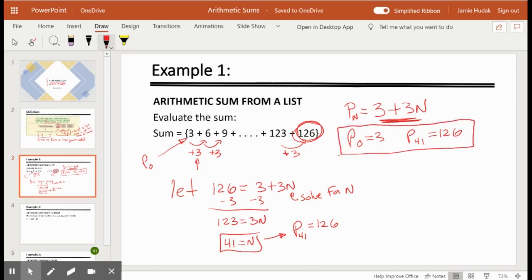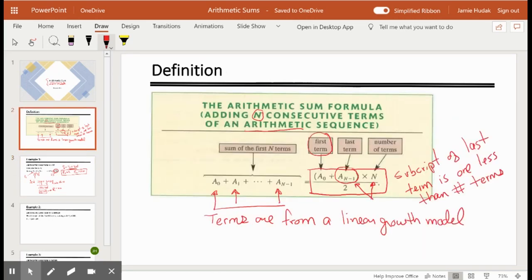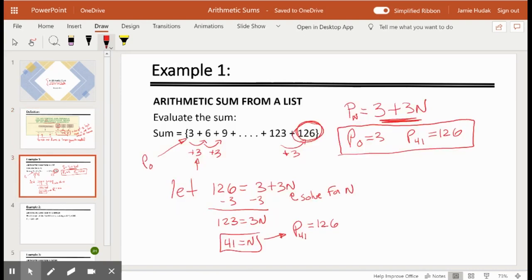I'm going to go back to the previous slide. Remember, we said that the subscript is 1 less than the number of terms. So if our subscript is 41, that means we have 42 terms if you start counting from 0. From 0 to 41 is 42 terms.